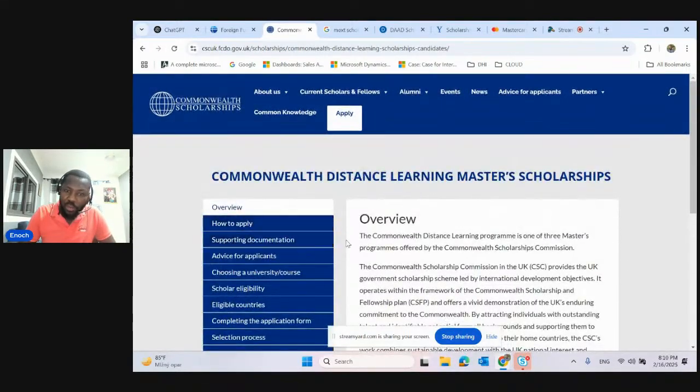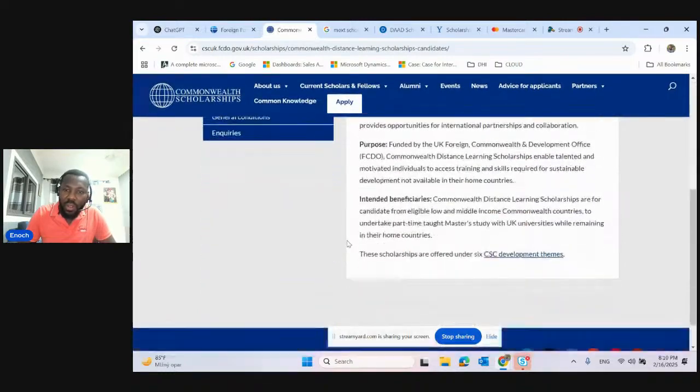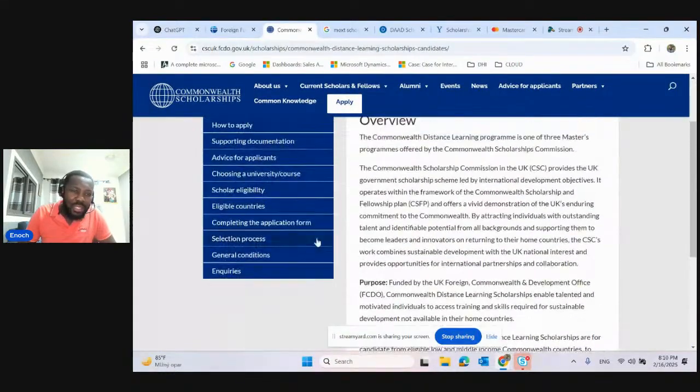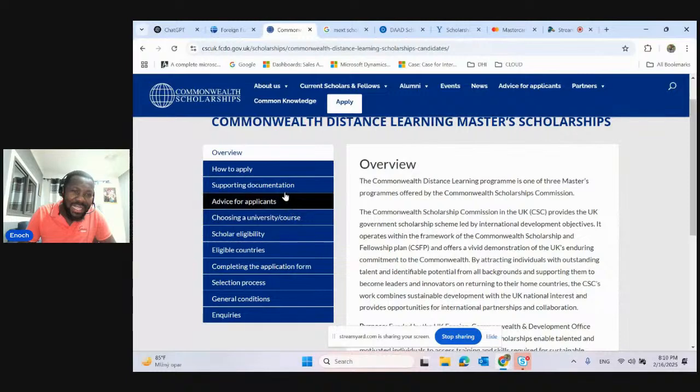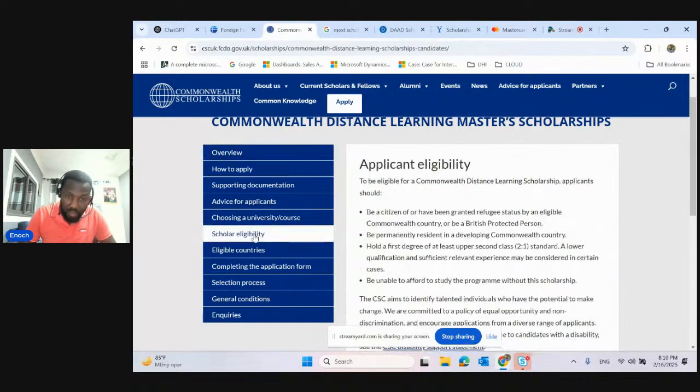There's overview, how to apply, and all that. My interest is in the eligibility criteria at all times. So be a citizen of or have been granted refugee status by an eligible Commonwealth country.